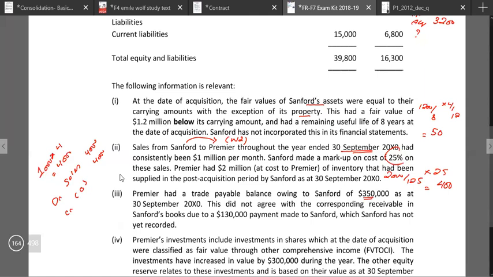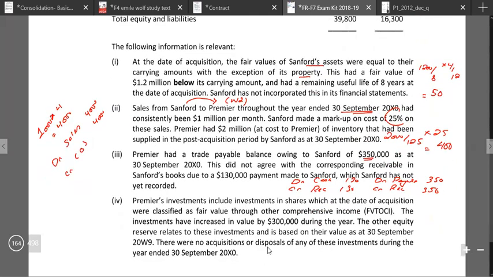This does not agree with the corresponding receivable due to 130,000, which Sanford has not yet recorded. Okay, this is the cash in transit. So cash in transit is debit cash, credit receivables, 130. And once it is balanced, then it will be debit payable, credit receivable, the intra-group contra entry will be 350.